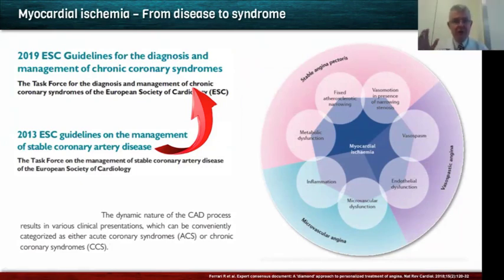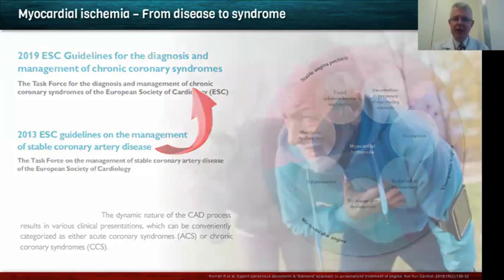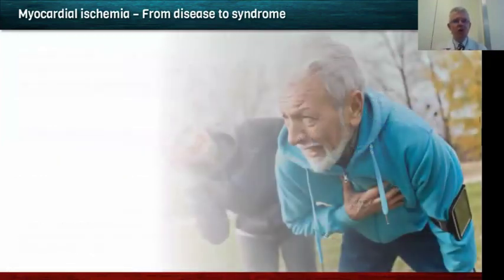But you may have a different patient complaining of angina, again because of myocardial ischemia, but because that patient has microvascular angina. Or you may have a patient complaining of angina because of vasospastic angina. So again, different mechanisms for myocardial ischemia with maybe the same clinical presentation, stable angina. That's why you have to widen the concept from disease to syndrome.